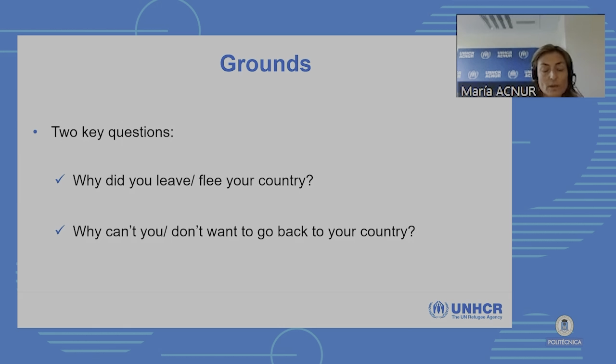What is key is that when these people arrive, they have the opportunity to be identified, their needs are identified, and they are channeled to the adequate path, be it child protection, refugee protection, or protection against exploitation. So that's a big challenge.